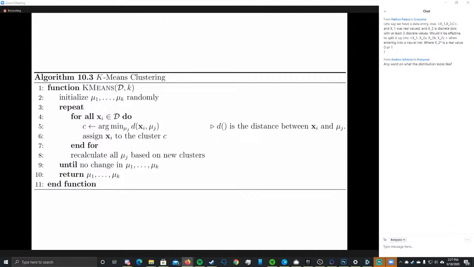After you have assigned the clusters to all of the different data points, you then go and you update the centroids. You're going to calculate new means just based on that data. Go back and do it again. Go through all of the data, reassign them to their clusters. After you've done that, update the centroids. Go back and do it again. And you just repeat that process as shown here until you get no appreciable change in the centroids. And when you're done, you just return the centroids. And those centroids are the representative points for the K clusters.